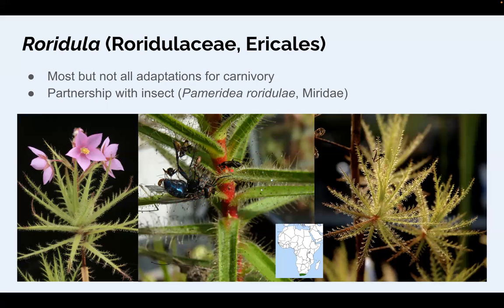Well, having these bugs eat the trapped insects means that they're going to poop in the vicinity, and their excrement ends up becoming fertilizer for the Roridula plant. So it's a little bit removed from direct carnivory. This one is sometimes described as proto-carnivorous or almost carnivorous, but it's still getting nutrients from these trapped insects. So there's still the feedback that would keep it being sticky and trapping these insects, even though it's not directly eating them.